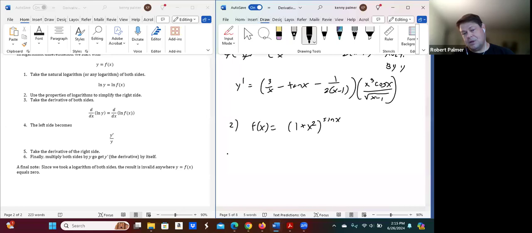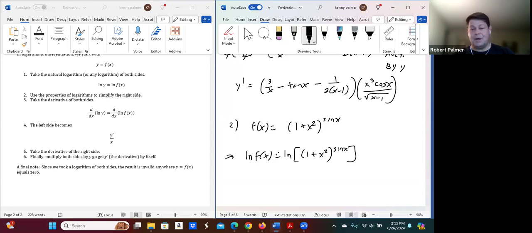So first, and once again, you can use any log, but just take ln of both sides. So ln of f of x is equal to ln of this whole thing. And I'm going to use brackets here to make it clear I'm taking the natural log of the entire thing. And once again, of course, it only applies where this is positive; anywhere this is negative or 0, this won't work.